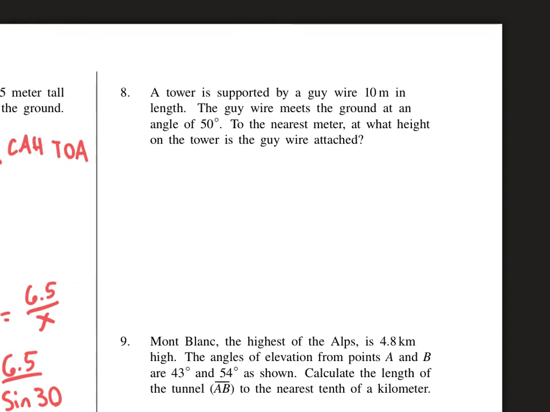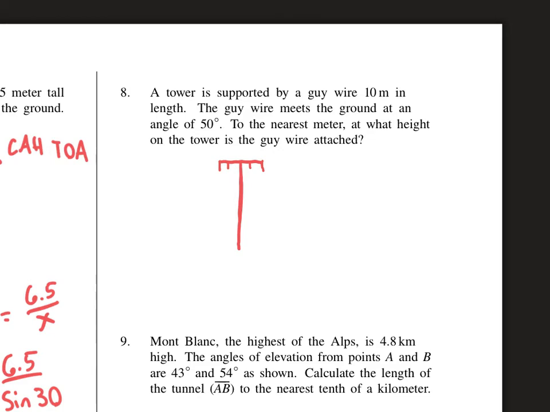All right. So we have a tower. I don't know what the tower is going to look like. Let's just put it like this. And maybe a couple things hang down from it, and it's like running wires. Say it's that kind of tower, like an electric tower. And then there's a guy wire 10 meters in length making a 50-degree angle to the ground.